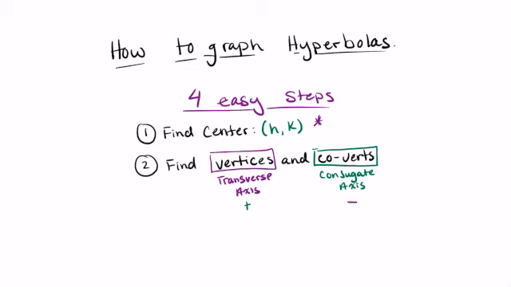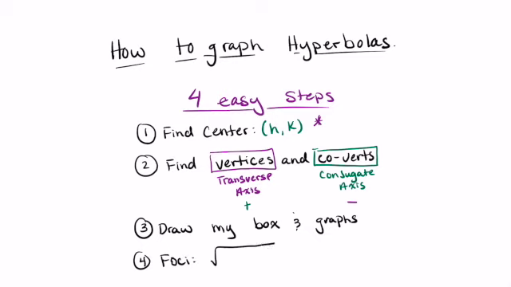But step 3, I draw my box and graphs. And again, I will show you all that in just a moment. And finally, step 4 is my foci. Your foci for a hyperbola is going to be the square root of a squared plus b squared, and I'm going to call that f just in regards to this video.